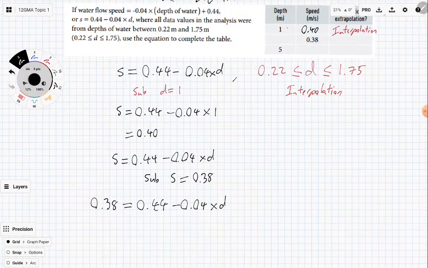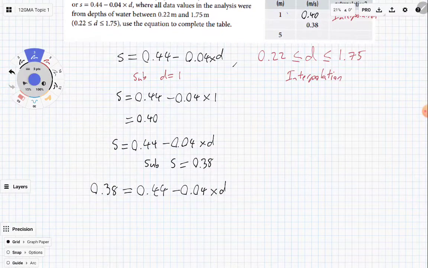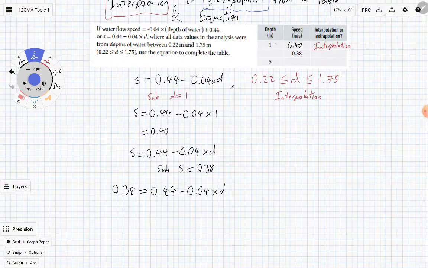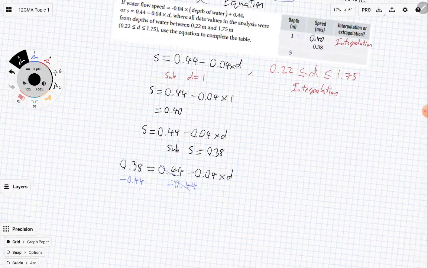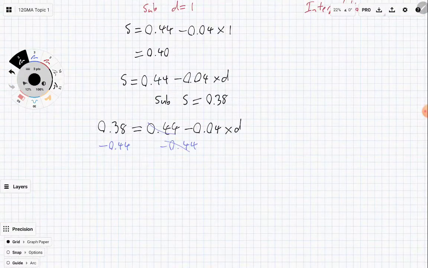We want to isolate D by itself, so we're going to do a little bit of algebra. So step 1, take 0.44 from both sides. That's going to cancel with 0.44 over there. On the left-hand side, we're left with negative 0.06.